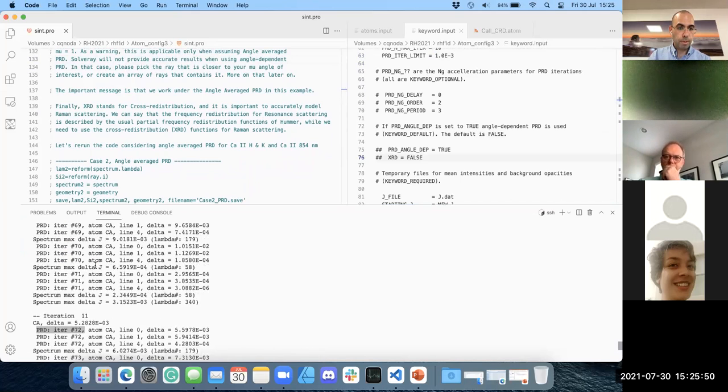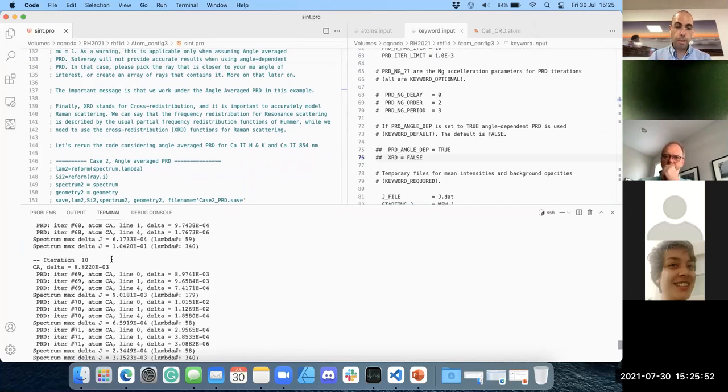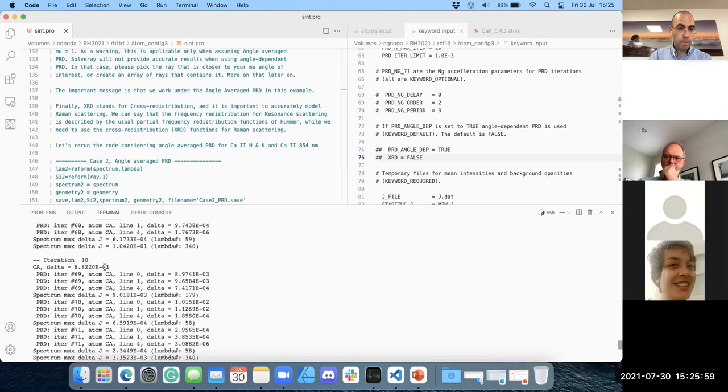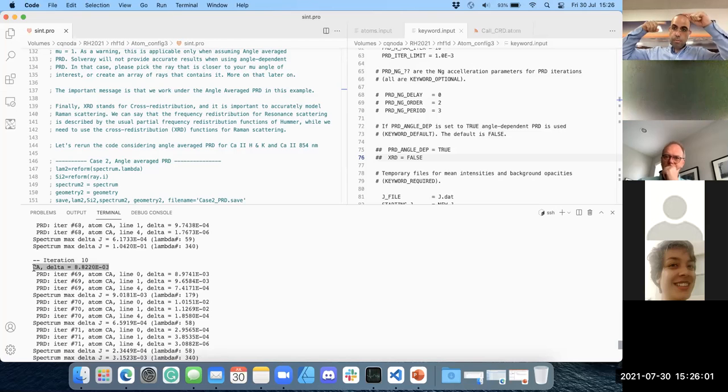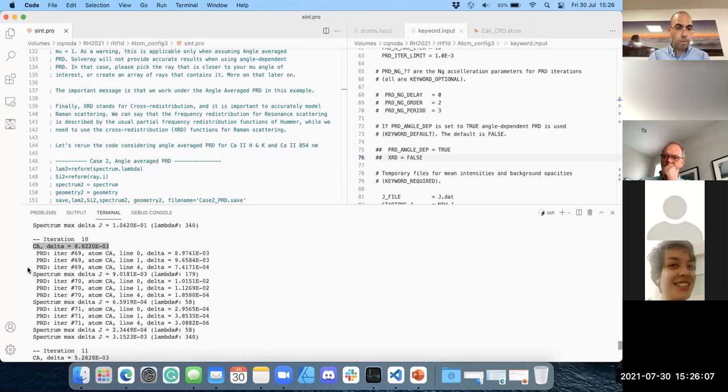Let's see what was happening before. So you have this iteration. It's the non-LTE problem that we had last week. This is the relation between the radiative transfer equation and the statistical equilibrium equation. And then we enter in this PRD cycle.